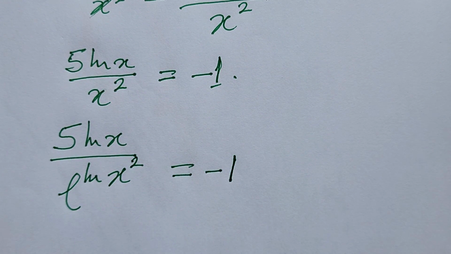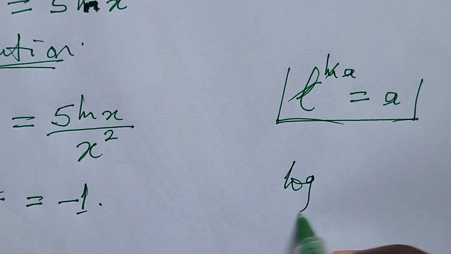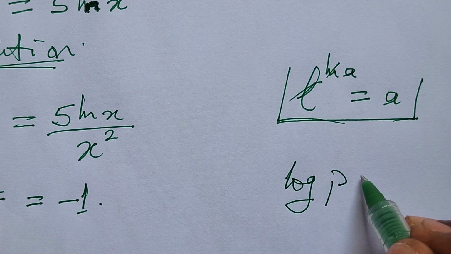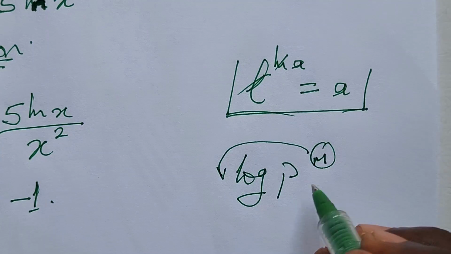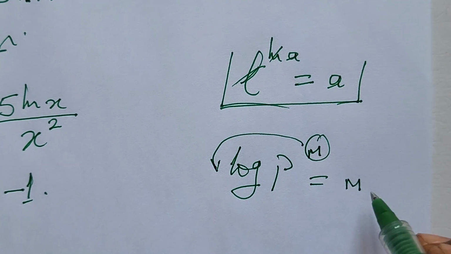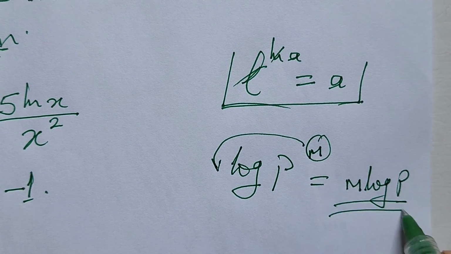Now, from this expression we have here, we know the law of logarithm, which says that if you have log of p to the power of m, then move this exponent forward to give us m times log p. We all know this law, right?